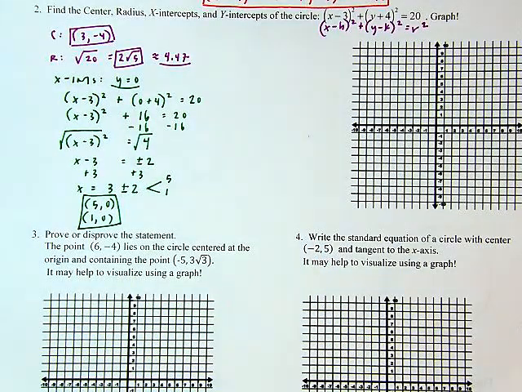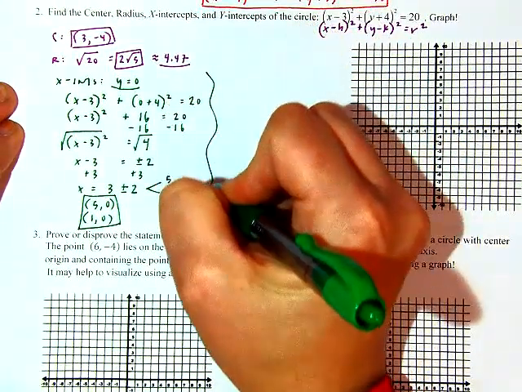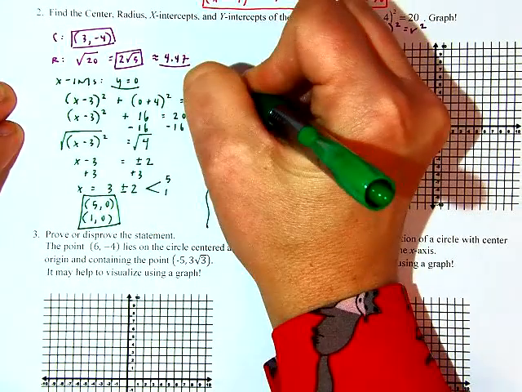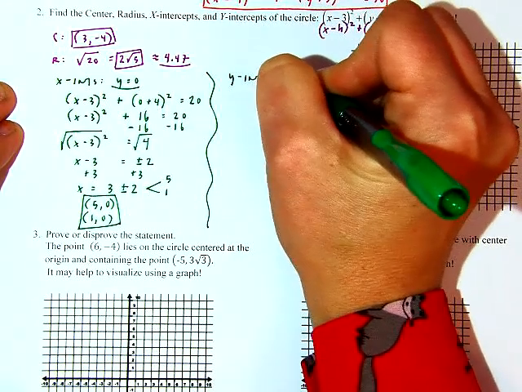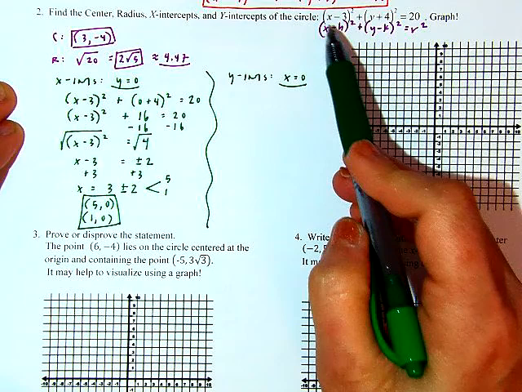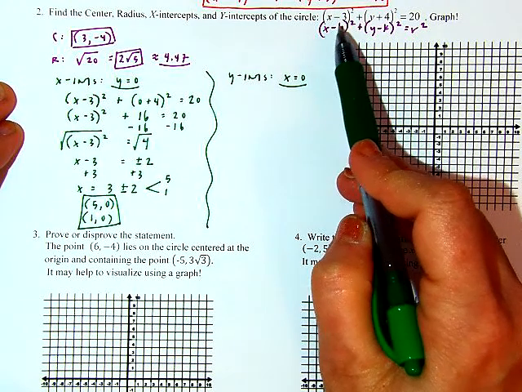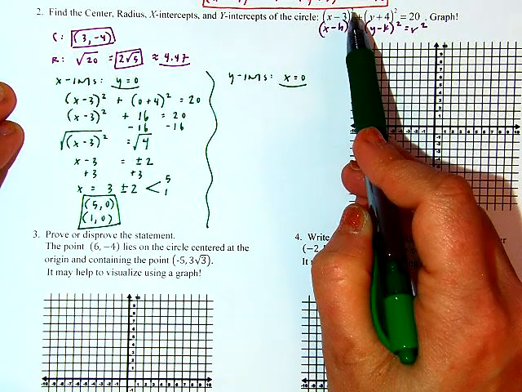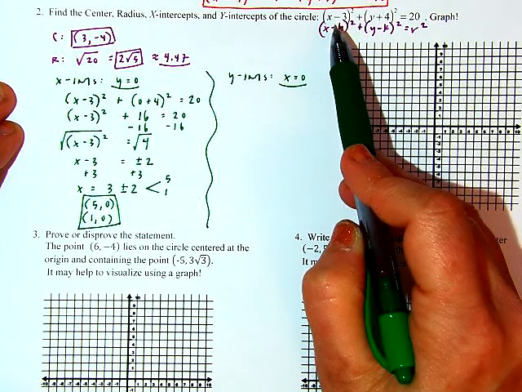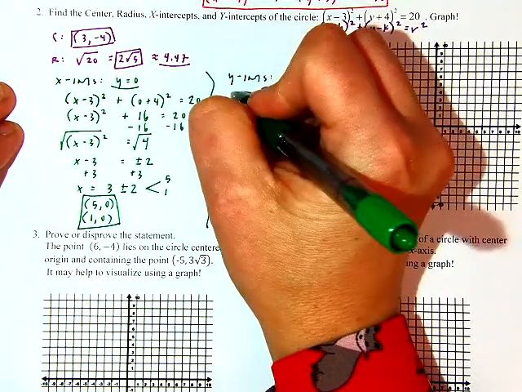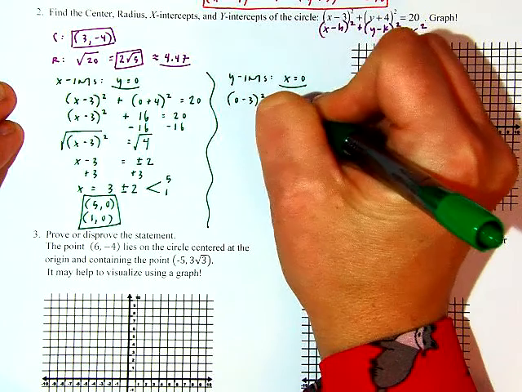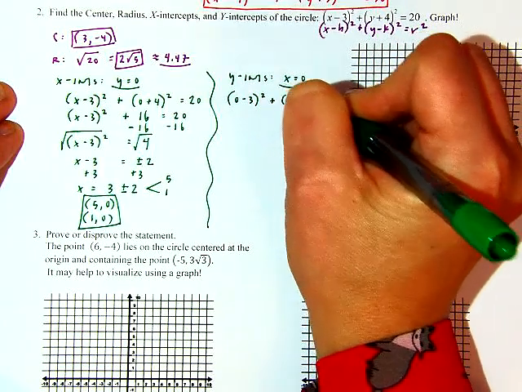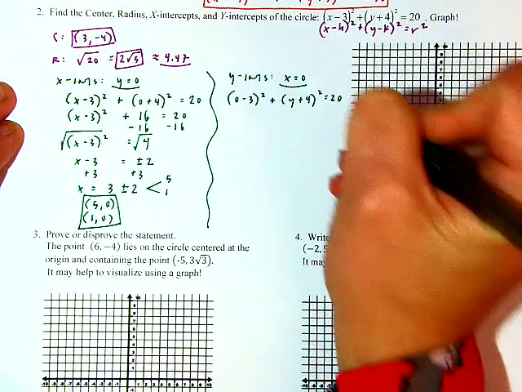Okay, let's get the y-intercepts as well. We'll do those right next to it, right here. So my y-intercepts, those occur when x equals 0. So I'm going to plug in a 0 here for the x, which is going to make it negative 3 squared. I know that this whole part is going to end up being 9. All right, so 0 minus 3 squared plus y plus 4 squared equals 20.